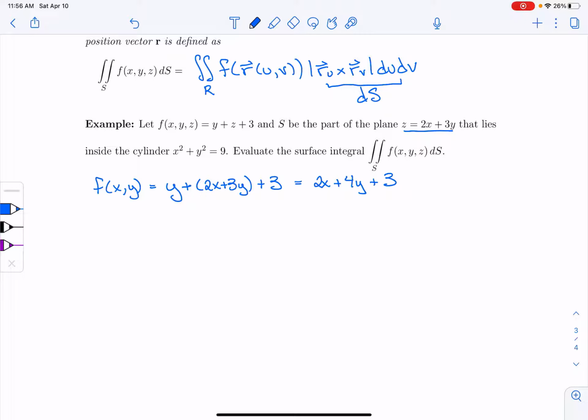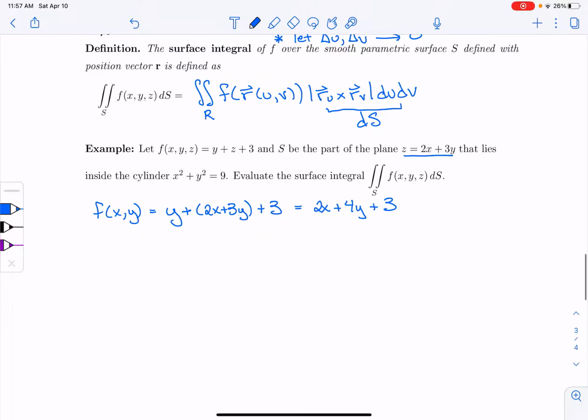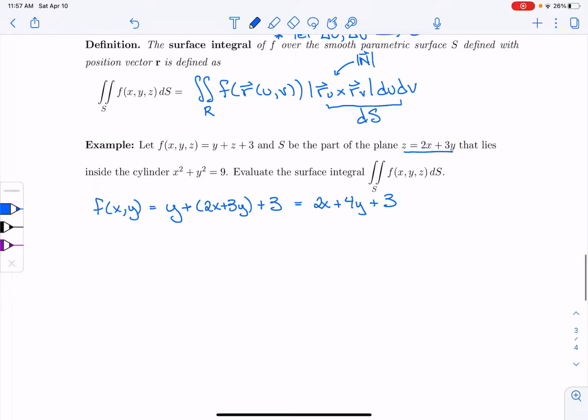So my function on that surface, z equals 2x plus 3y, is just 2x plus 4y plus 3. But then we need to figure out what that ds is. So we need to figure out, again, the magnitude of the normal vector. The normal vector is minus z sub x, so minus 2, minus z sub y, so that's minus 3, and then 1.